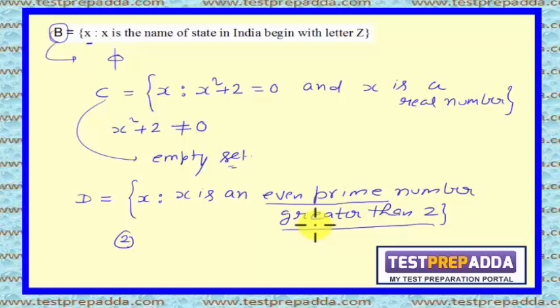So we cannot take 2 here, and that is why this set D will be considered as empty set. So this way we had defined the empty set, a set which does not contain any element.